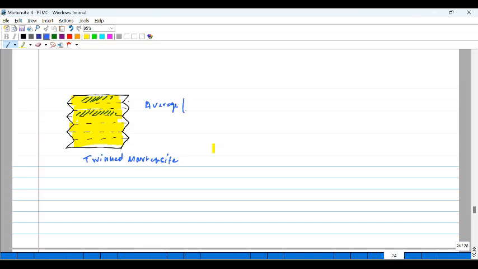So the overall plane after the lattice invariant deformation is not rational. Similarly, if you have a slipped martensite, you can see those slip steps, and the average plane that comes out from here after the adjustments through slip to get into the right macroscopic shape is again irrational, right?